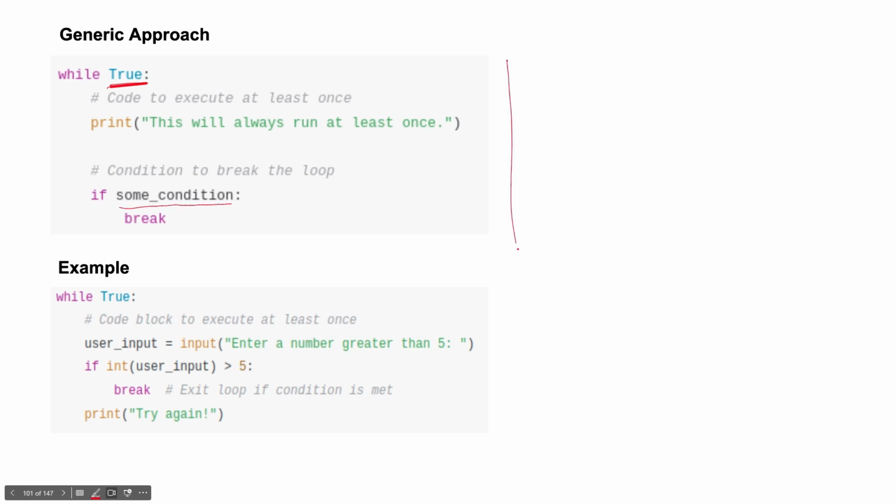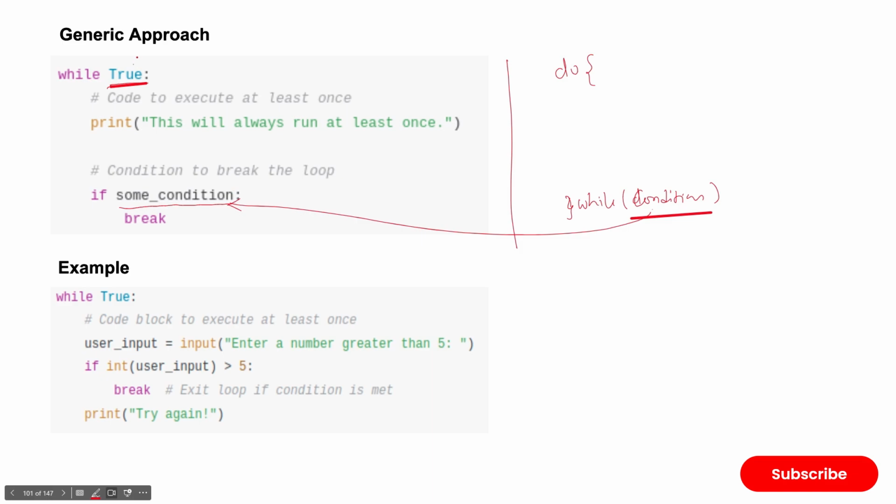The condition that you were using in the do while loop in C, C++ or Java ends here, and then you write while. I'm not able to recall the syntax exactly, but this is what it is, right? The condition we have at the end, you put here, and you keep the loop condition always true. That's it. It will execute the first time, and if the condition isn't met, it will break.